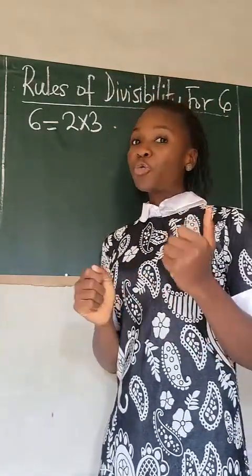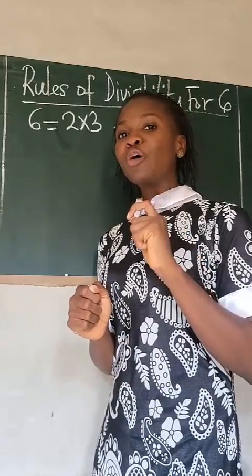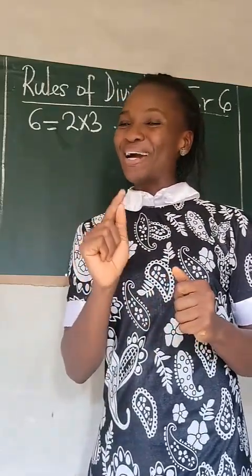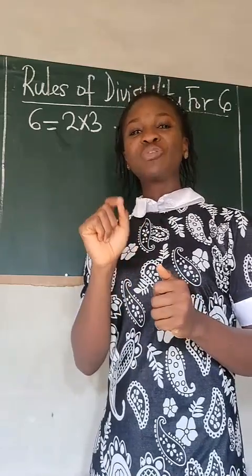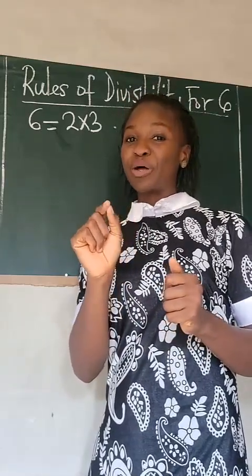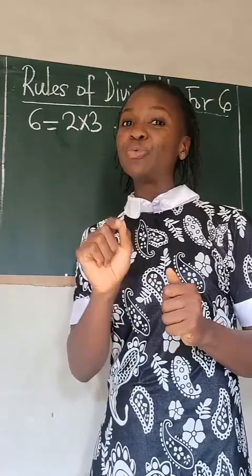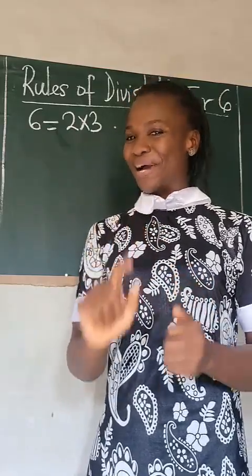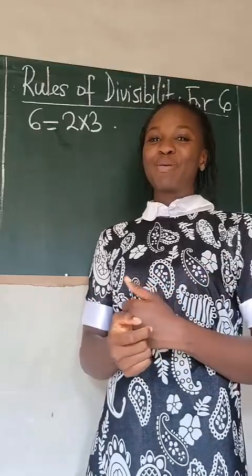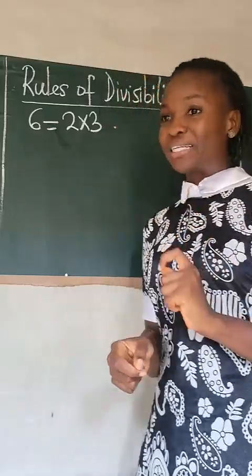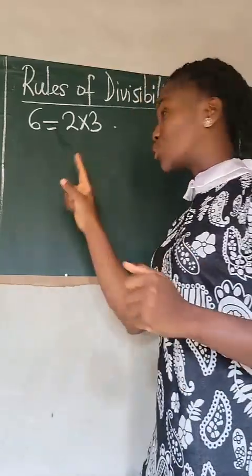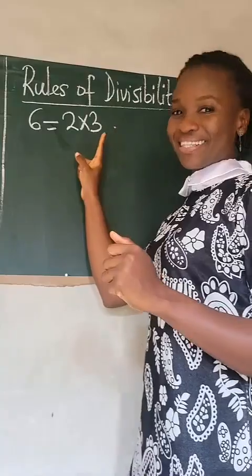And also, the rule of divisibility for 3 states that for any number to be divisible by 3, when you add each of the digits of that number together, the sum must be divisible by 3. The addition of those digits must be divisible by 3. So now let's combine these together to get the rule of divisibility for 6, bearing in mind that for any number to be divisible by 6, such a number must be divisible by 2 and must be divisible by 3.